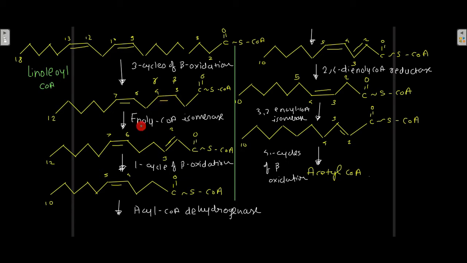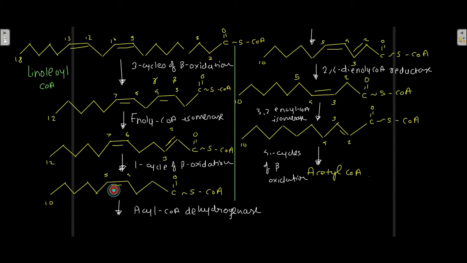So enoyl coenzyme A isomerase acts on this molecule, and this is how the double bond gets shifted from 4 to 3, to the 2 to 3 position. Then this is subjected to one cycle of beta oxidation, and a 2 carbon unit is removed, so from 12 carbons you get 10 carbons. So this molecule now contains 10 carbons.